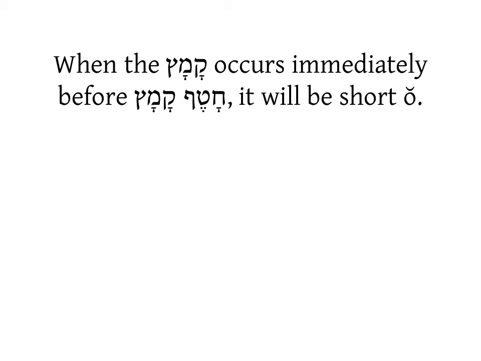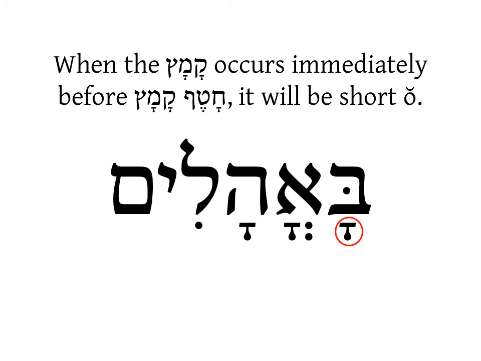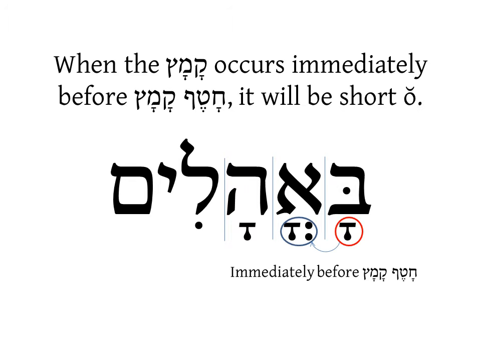When the qamats occurs immediately before hatuf qamats, remember that's the composite shava, the ultra-short o, then the qamats itself will be qamats hatuf, short o. Here's an example. Notice we have a qamats of some sort under the bait in this word. Look under the aleph.